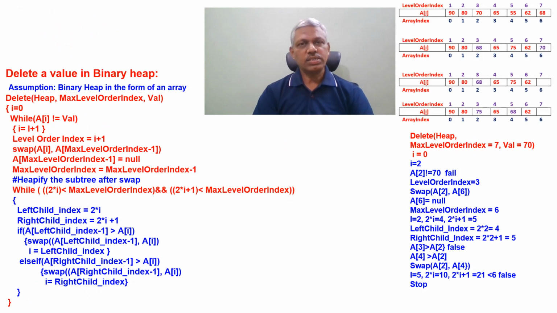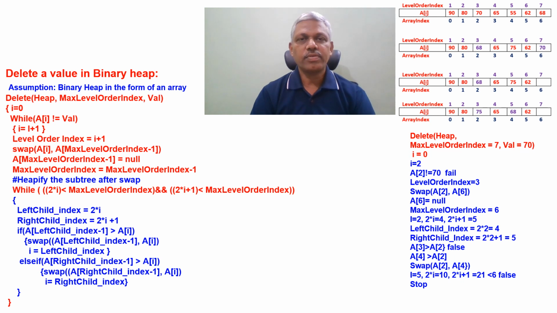When it comes to the deletion of a node, we start with the heap, max level order index, and val as an input. The value to be deleted is to be identified in the index. So I is equal to 0, while a of I is not equal to val, I is equal to I plus 1. So we search through the array until we identify the value to be deleted from the heap.